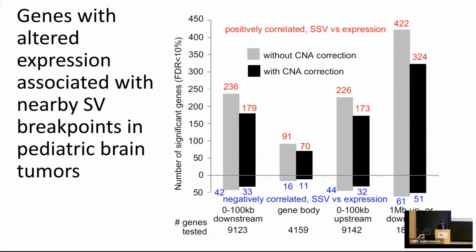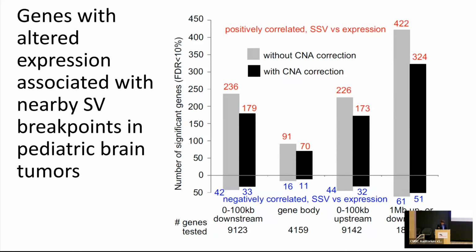We can look for SV breakpoints occurring directly downstream of the gene, or within the gene itself, or directly upstream of the gene, or even expanding our search to 1 megabase surrounding the gene. Even an SV breakpoint within a megabase of a gene can influence the expression of that gene via the long-range impact of enhancers, for example.